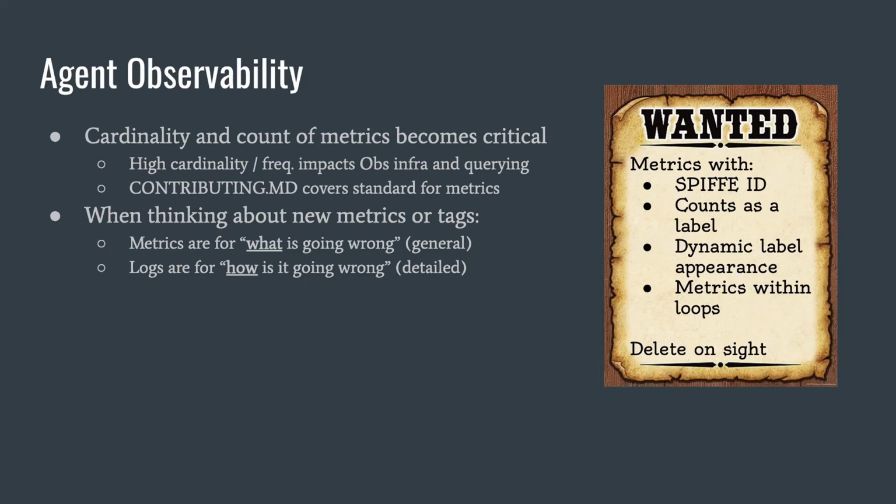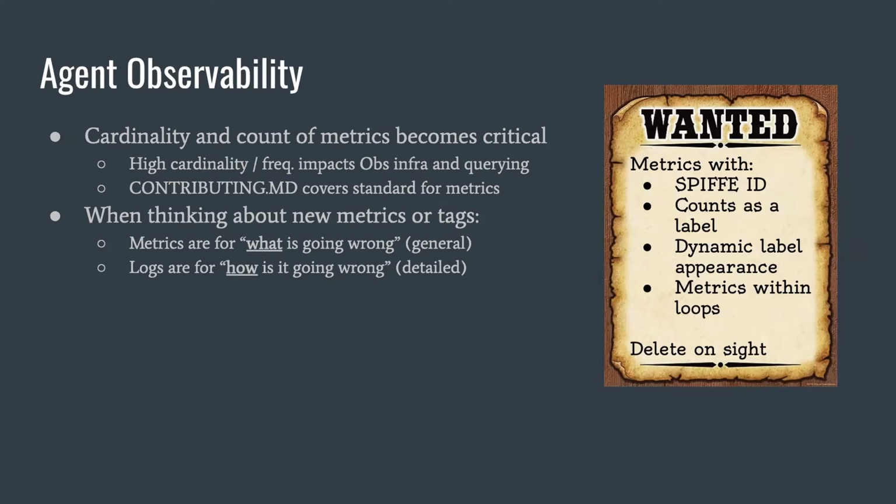Also, I actually just updated the contributing doc yesterday, having metrics inside of loops is also bad. Generally, if you're trying to aggregate some count for a metric, aggregate that count as an integer within the loop, and then at the end of that, just do one nice emission with the total counts. Don't emit a single metric for every single iteration.